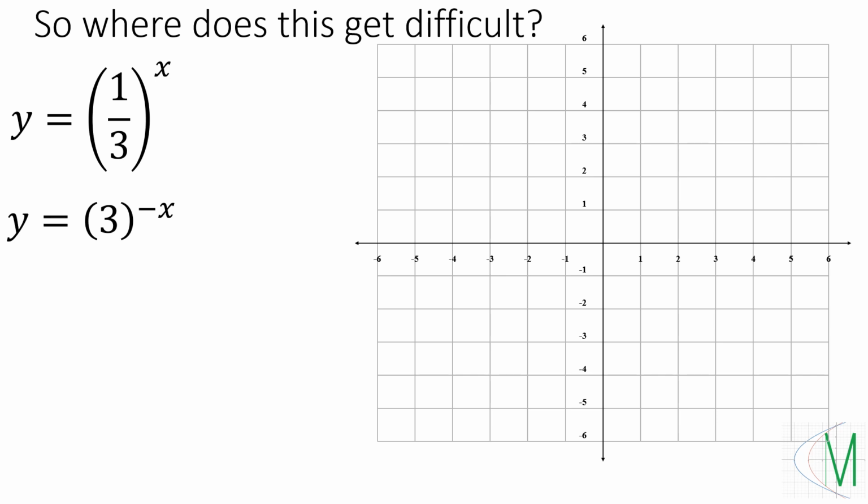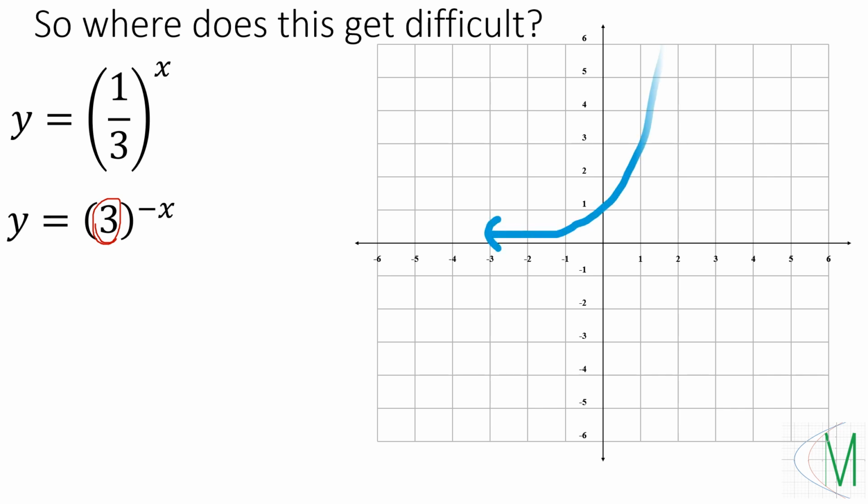Just makes it a little easier to see, because now I know that I'm going to take the original graph, and flip it over the y-axis. Now, the part that usually trips people up is, since this is now a 3, how is that going to change the graph? The only way that's going to change the graph is it's going to make it steeper. It's going to make it grow quicker.